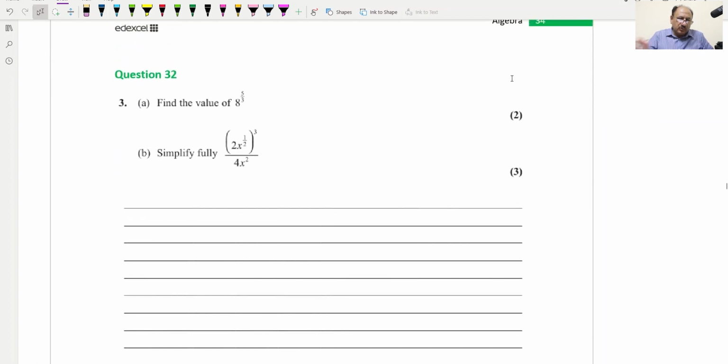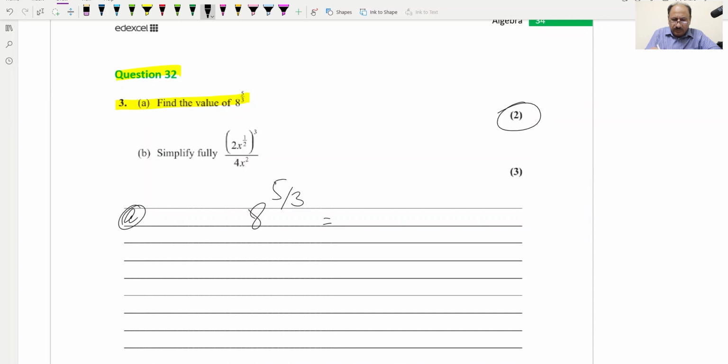Now this is question number 32 of the sequence of the topic wise file, and this is question number 3 of the past paper. So find the value of 8 raised to the power 5 by 3. This is a 2 marks question. So we can rewrite it as 8 raised to 5 by 3.